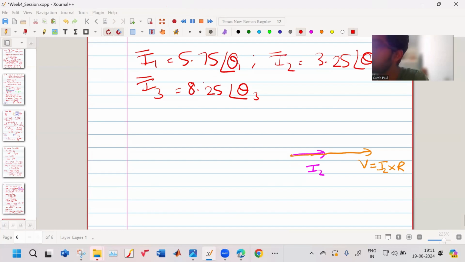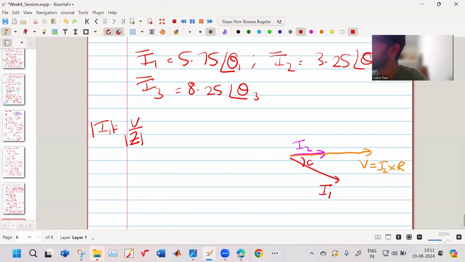This is my I2. So your I1 is equal to V by Z in terms of magnitude, but it will have a certain angle also. So we will take your I1 like this, lagging by an angle theta. Any doubts till this part?